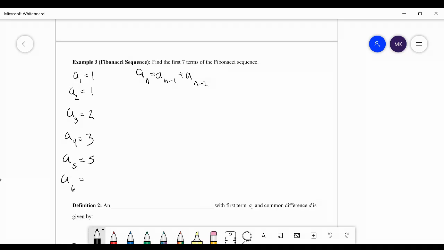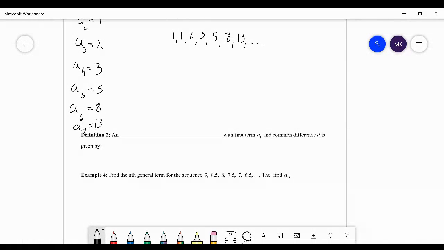A sub 6 is 3 and 5, which gives me 8. Lastly, A sub 7 is 5 plus 8, which gives me 13. And so the first 7 terms of a Fibonacci sequence are 1, 1, 2, 3, 5, 8, 13, and then the pattern continues as is.